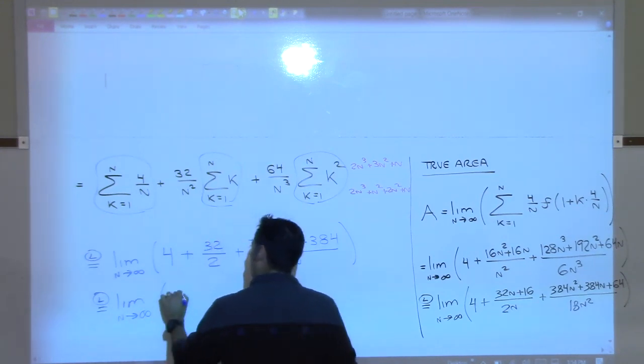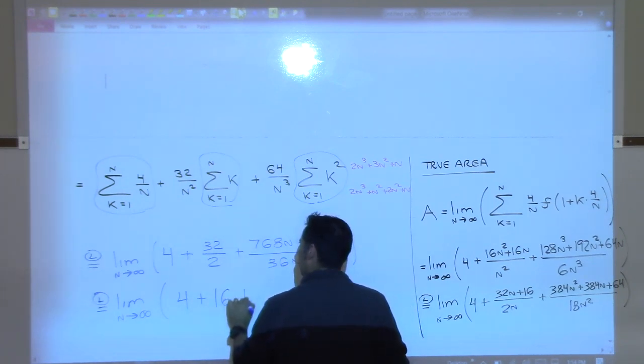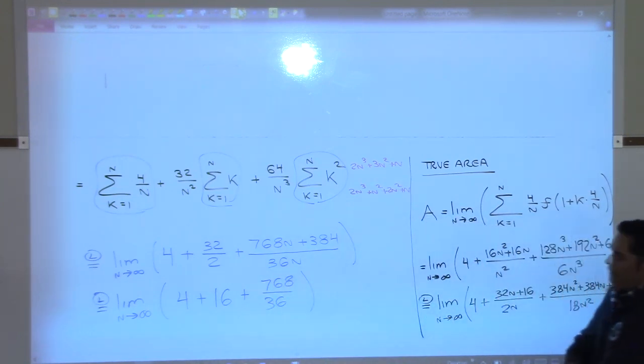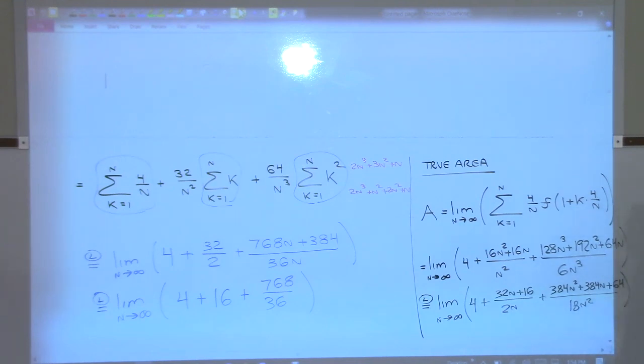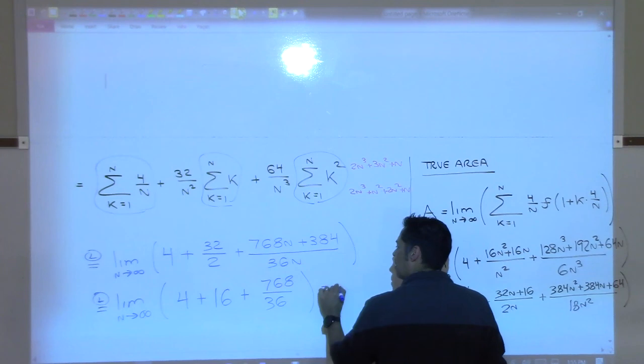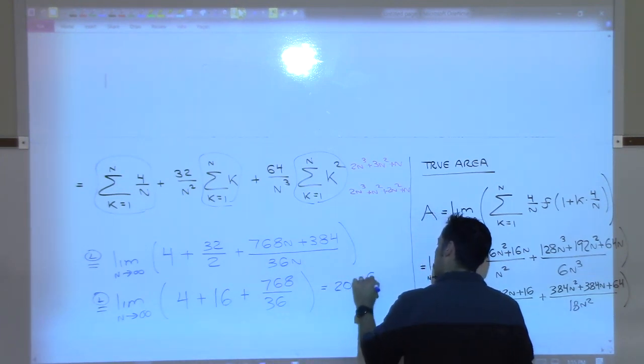we get 4 plus 16 plus 768 over 36. I'm sure that reduces. Let's reduce it and keep it as a fraction, in lowest terms. What is it? 64 thirds. So this is going to be 20 plus 64 thirds.